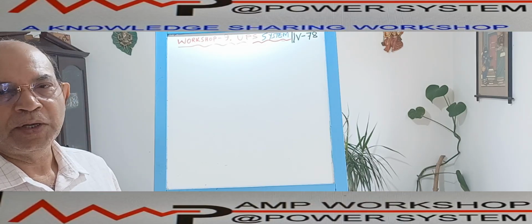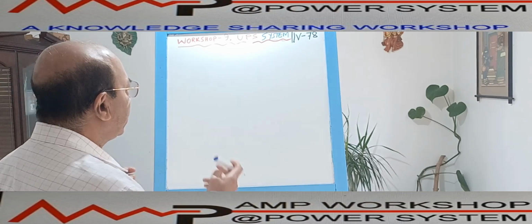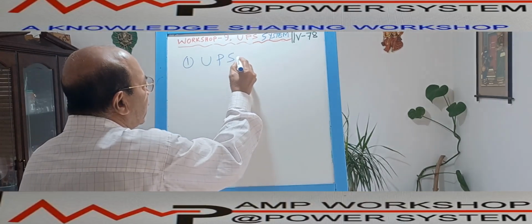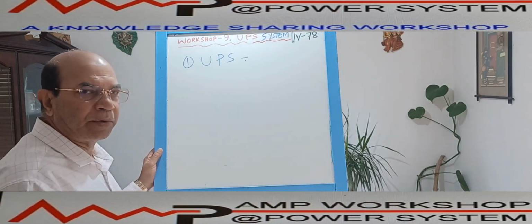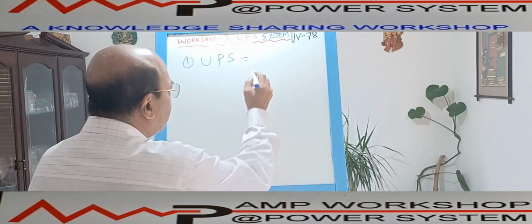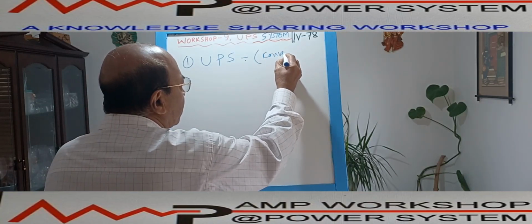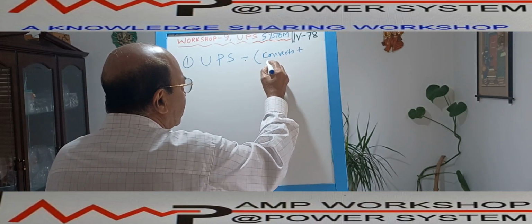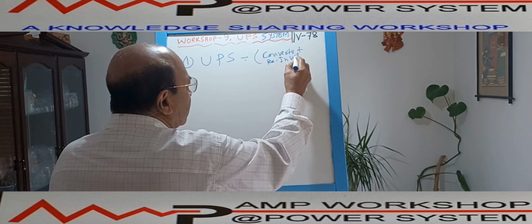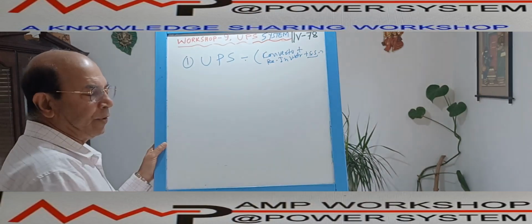The main part is the UPS itself, consisting of rectifier or converter, inverter, and the static switch. These are the 3 major parts of the UPS.